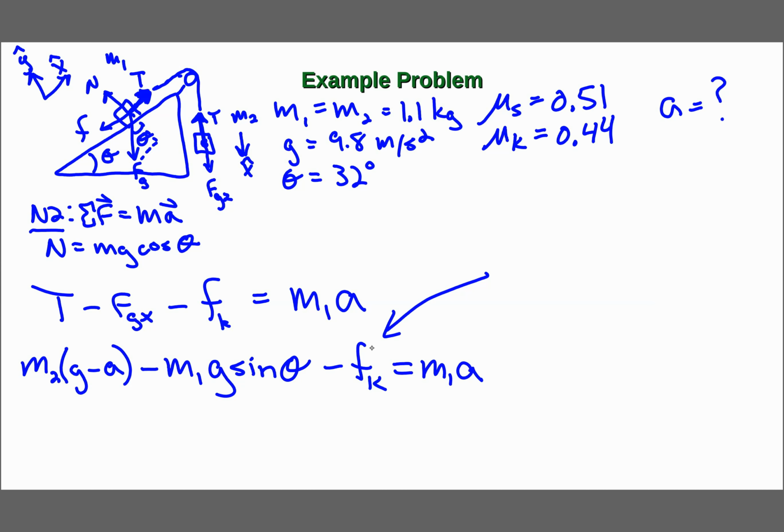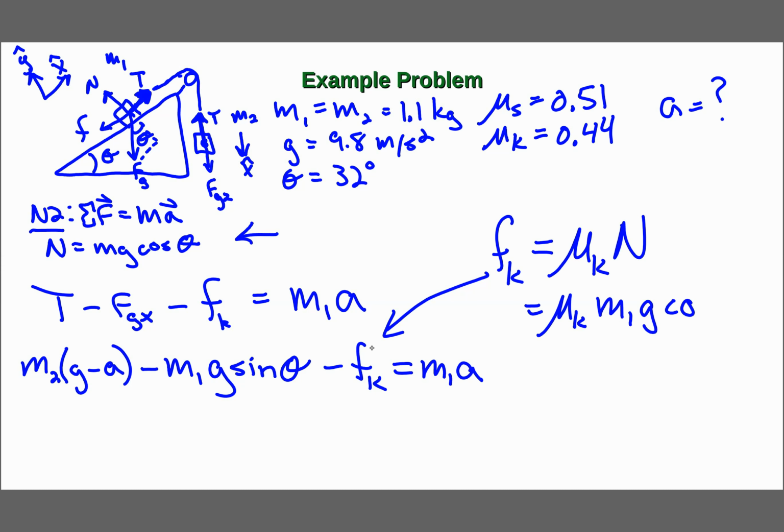So now remember that this force of kinetic friction, Fk, is always equal to mu k times the normal force, okay? And we solved for the normal force in the very first thing we did in this problem. So this is equal to mu sub k m1 g cos theta.